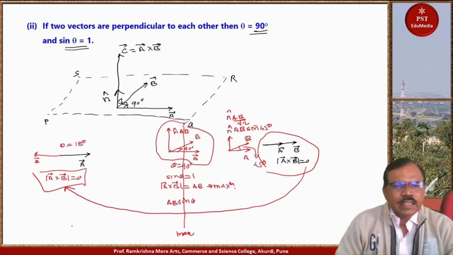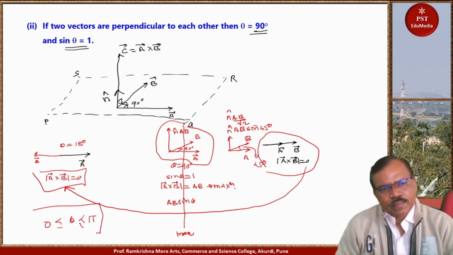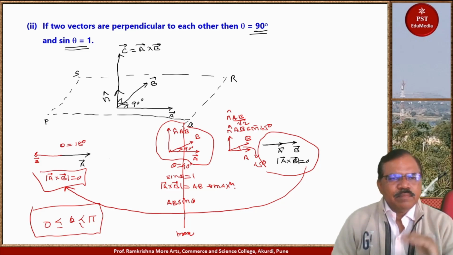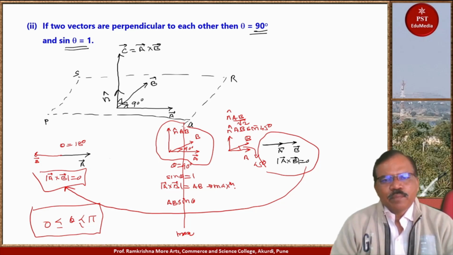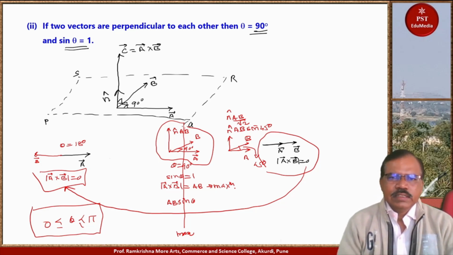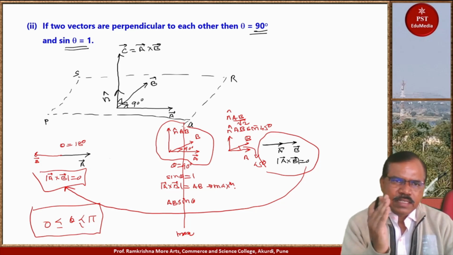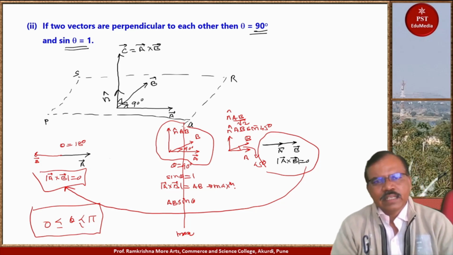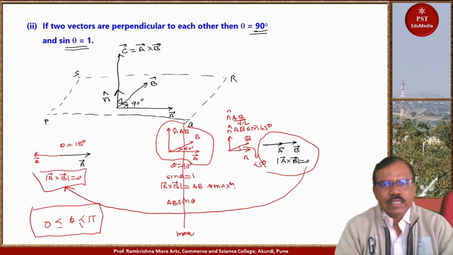So we are taking here angle, it lies between 0 and pi. So for angle between 0 and pi, magnitude of A cross B goes on increasing from 0 to maximum, then it decreases and again becomes 0 over that range.